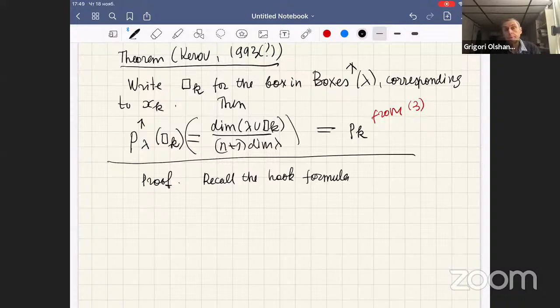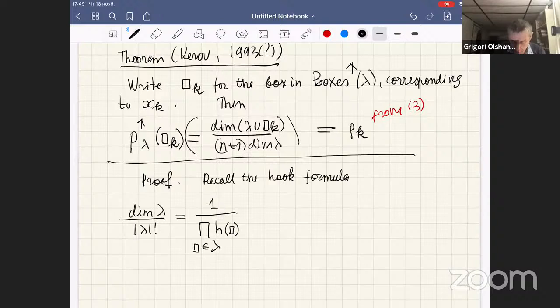It was in lecture 6, and it claims as follows, that we take the dimension divided by this, which is equal to the product of the hook lengths of the boxes in our diagram.